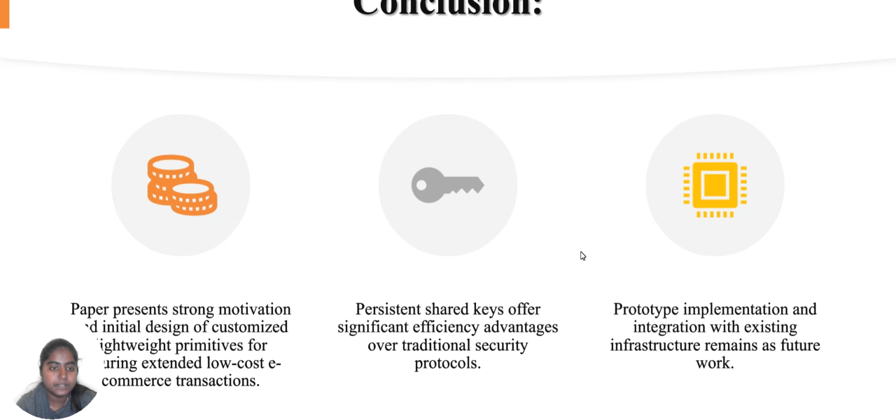And next we are discussing the conclusion. The research paper completely focuses on this new security framework. The framework includes working with low cost transactions and mobility. As we have seen, there is an easy way to communicate between the client and the server.